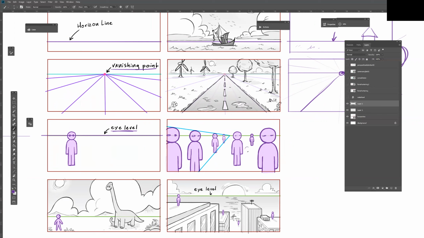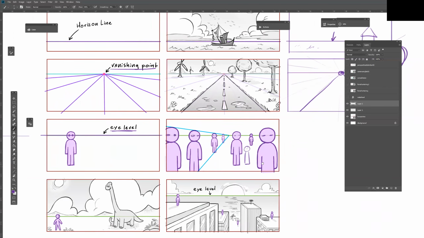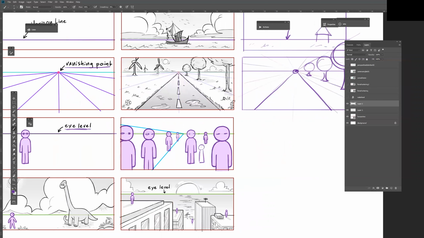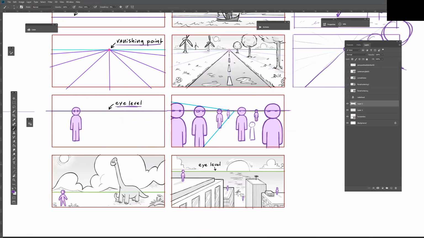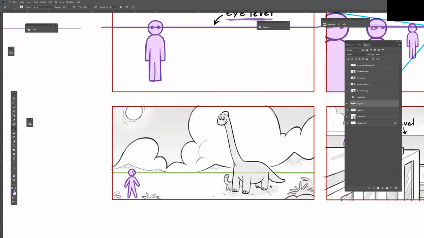If you're a grown-up person and there's a kid next to you, the kid will of course be lower than that. But people with the same height as you, standing at the same level, the eye level, the horizon, is at the same height as everyone else. So you can use that.